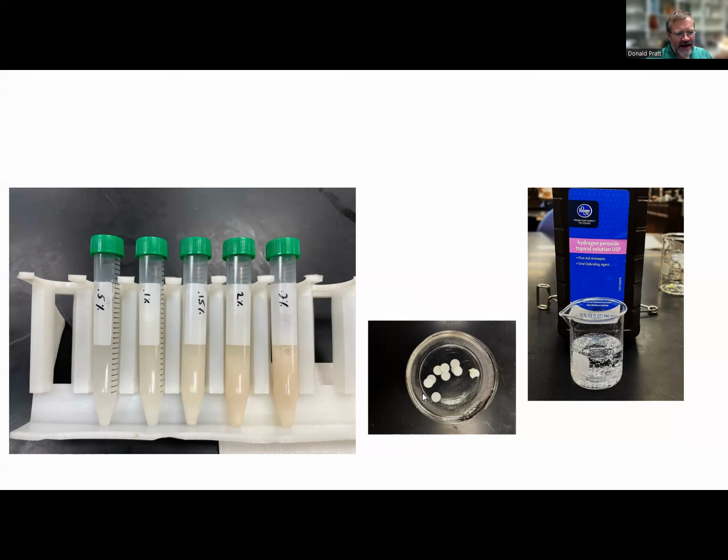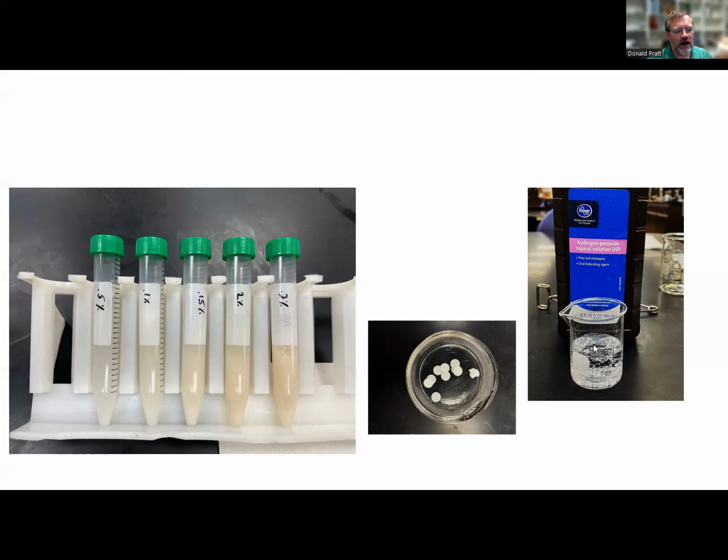And then here we have little paper discs. These are from filter paper. What I did is I hole punched some filter paper. And what we're going to do is take these filter paper discs with a pair of forceps and dip them into the yeast solution.